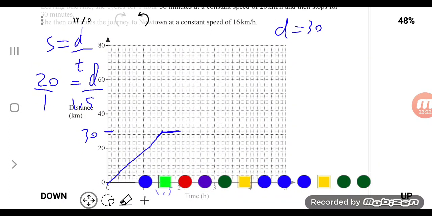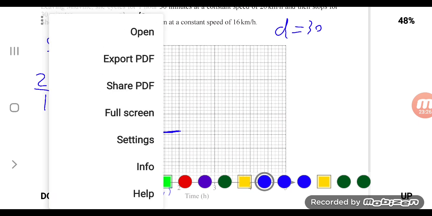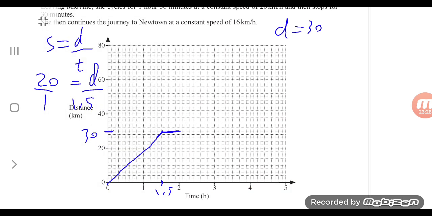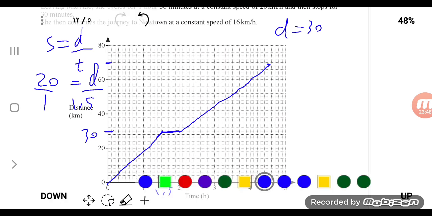So let's see what we have to do here. 2.5 means she has to stop here at 4.5 hours and 70 kilometers. So I have to draw the graph like this. And that is the whole graph. Okay, let's move now to the next question.